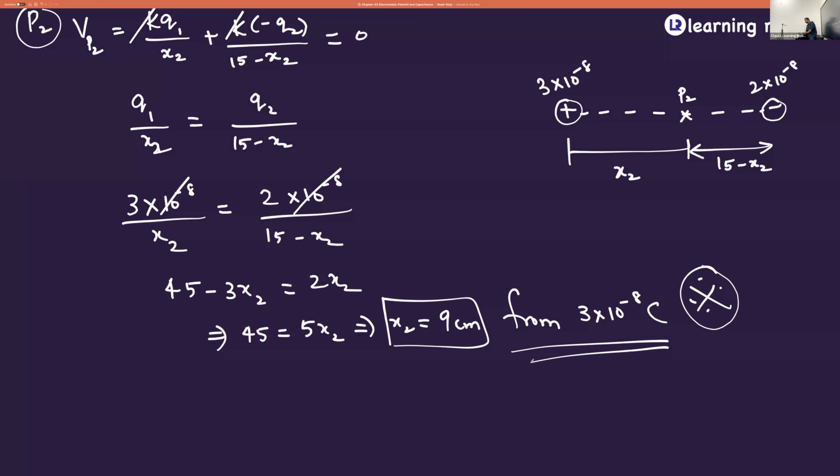Take this 2x3 to the other side. x3 will be equal to 30 centimeter. When x3 is 30 centimeter, then you will say it is at a distance of 30 centimeter from 2 into 10 power minus 8 on the right of it.